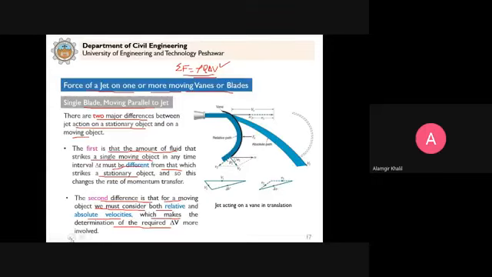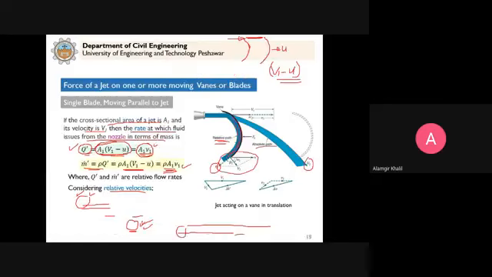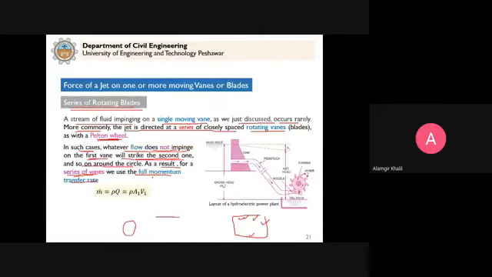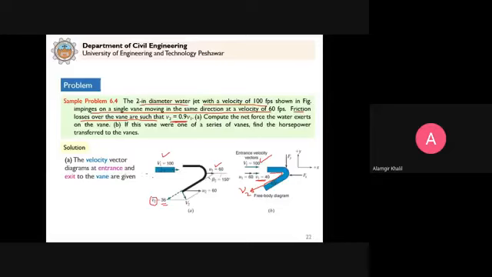So let us solve a problem on how we calculate the forces. Now the velocity vector diagrams at the entrance and at the exit are given. This is the velocity diagram at the entrance. You see V1 is equal to u1 plus small v1, and this is the exit velocity diagram, clear? This is the absolute path, this is the relative path, and this is the linear motion in the x direction, the direction in which the vane is moving.